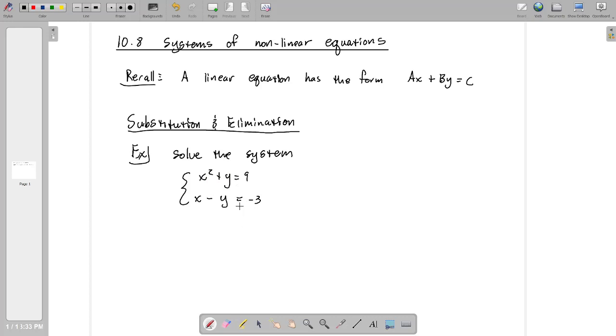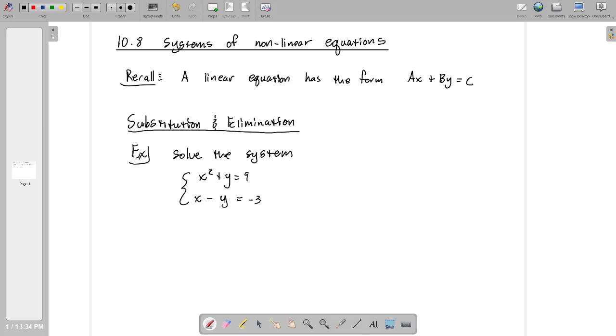So what we're looking to find are all of the ordered pairs that satisfy both of these equations. And it's not going to necessarily be one, and it's not going to necessarily be infinitely many. We can have a fixed number because we have a system of nonlinear equations. And we'll get to that in a bit. When we get to the graphical method, I'll show you exactly what I mean.